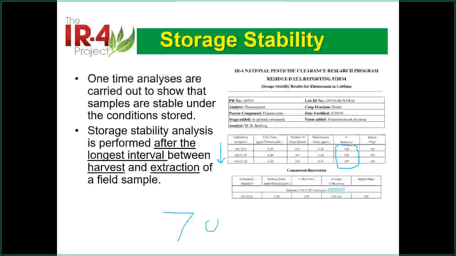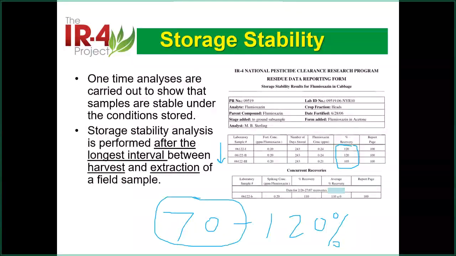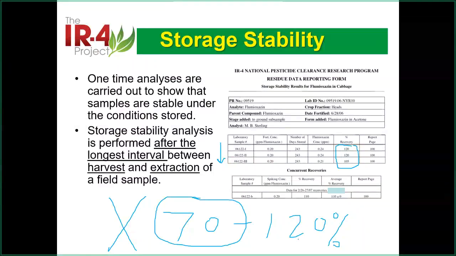This difference is acceptable as long as it's in the same range we have, 70% to 120%. If it is out of this range, typically SS is at the lower end, somewhere about 80%, 70%, which is normal. If it is really lower than 70%, your work very likely will be rejected. And we don't back calculate.